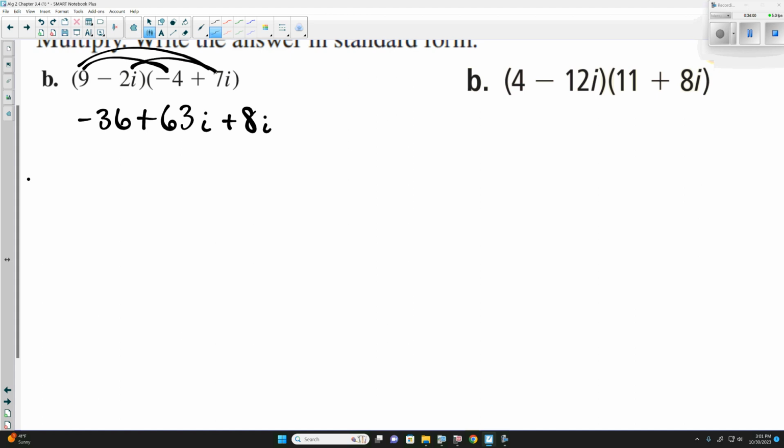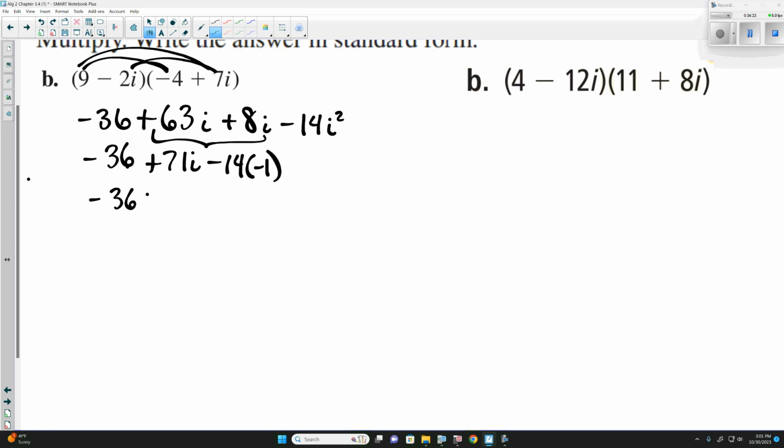And negative 2 times 7i would be negative 14i squared. Now we can combine these two like terms, which gives us positive 71i. Now we do need to simplify i squared, because i squared is negative 1. Now we would have negative 14 times negative 1.